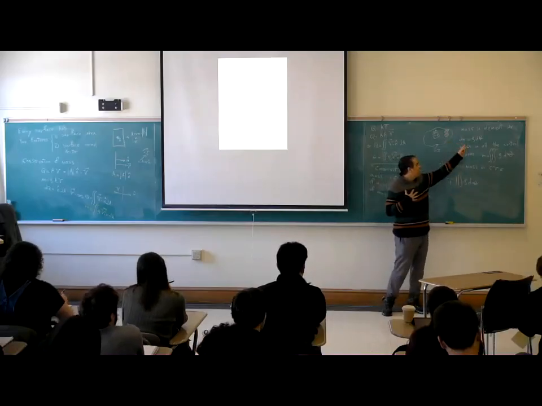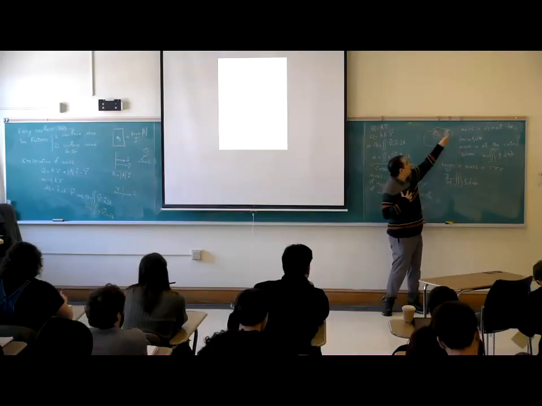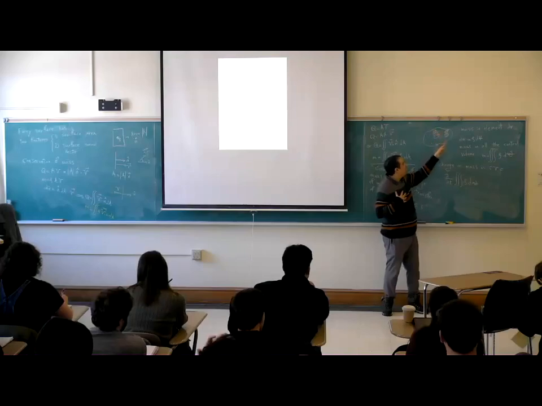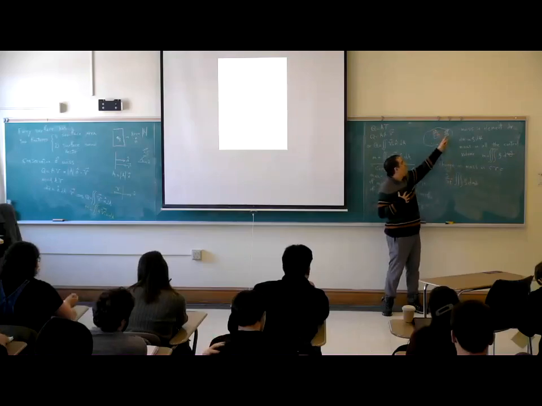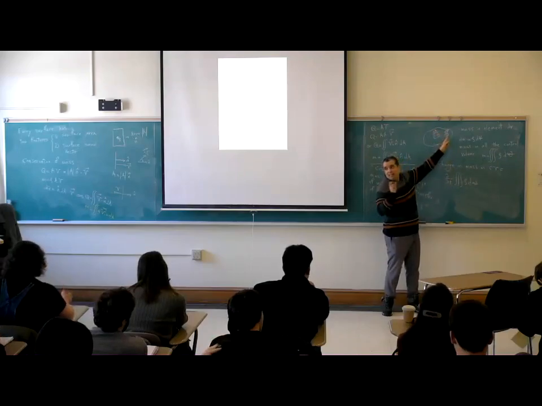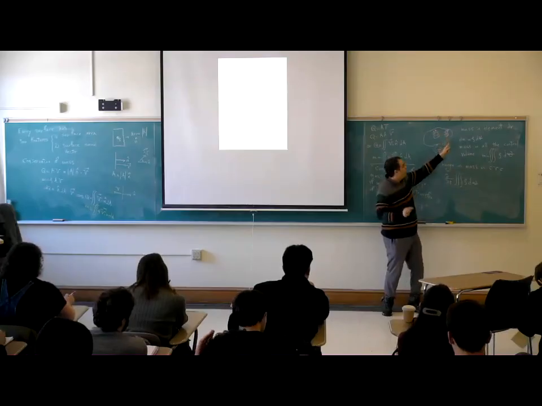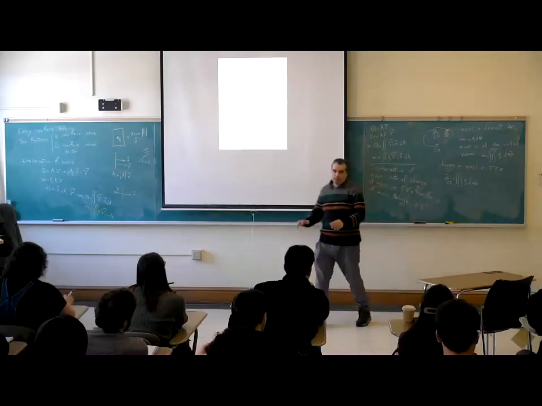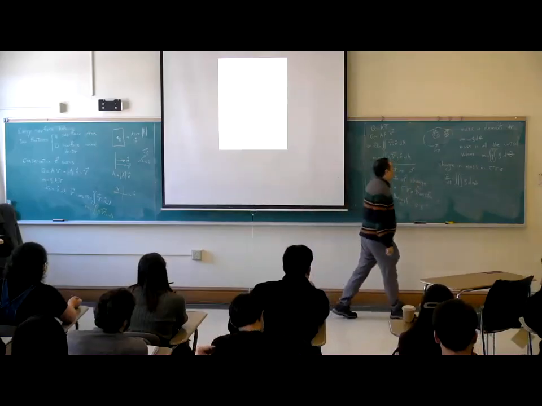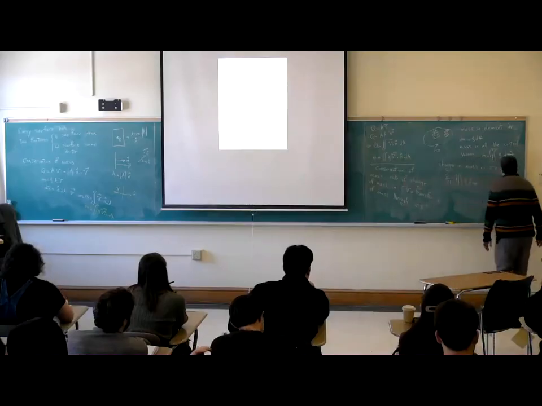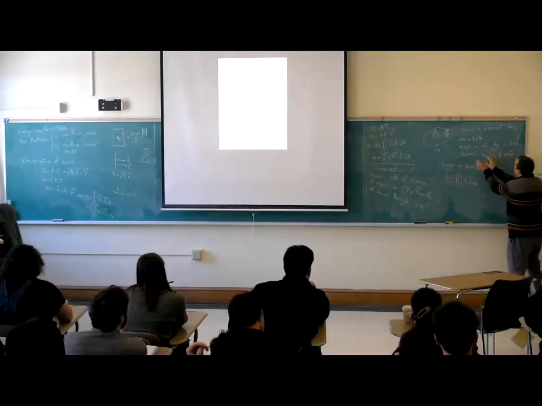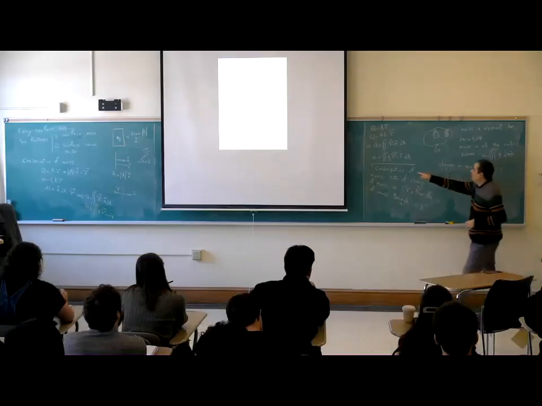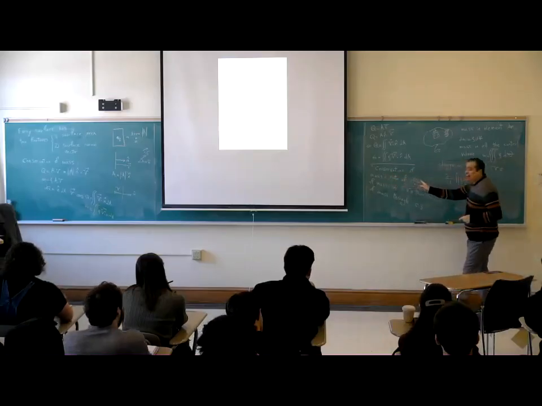Then I ask myself how much mass I have in the entire control volume. This entire control volume consists of infinity of these small elements. So I make an integral over this element, this rho dV, and I get mass in the control volume. But the conservation of mass says rate of change.